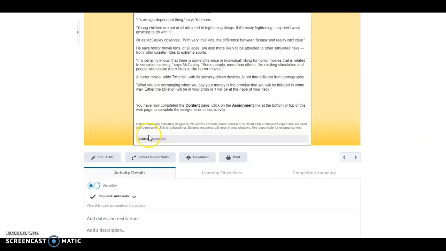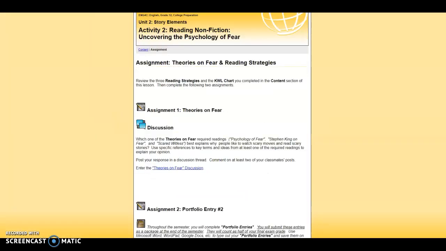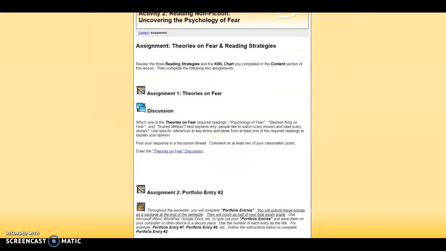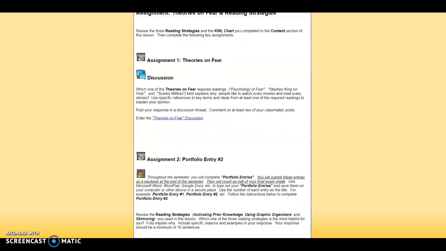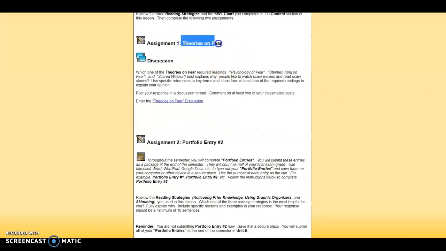If we go down and click on assignment, you'll see there are two assignments in this activity. The first one is called Theories on Fear. If you remember, in the content you would have just read 3 articles on fear. So what you're going to be asked here is which one of the Theories on Fear required readings best explains why people like to watch scary movies and read scary stories.